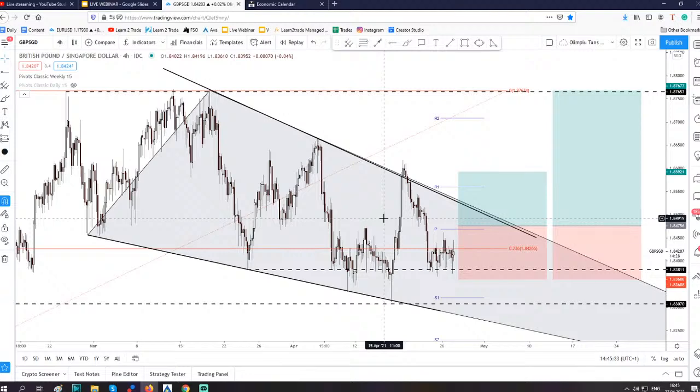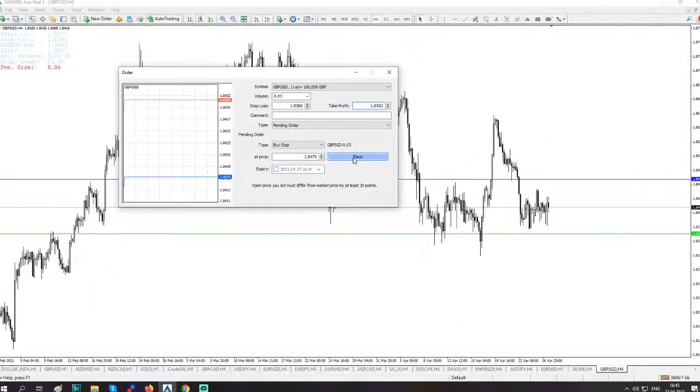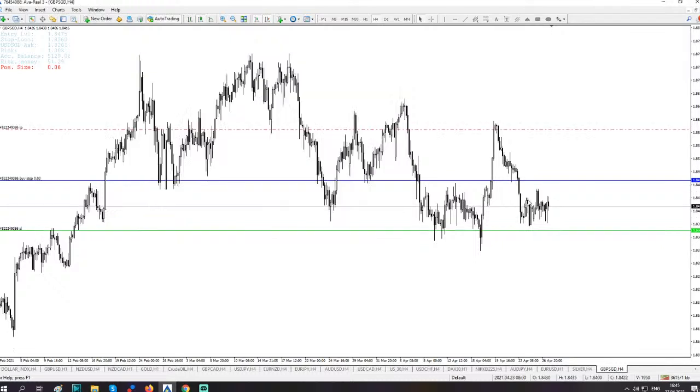Okay, place. And as you can see here, I'm risking only $26, 115 pips on this trade if the price will reach our entry, and our take profit will bring $26.47.